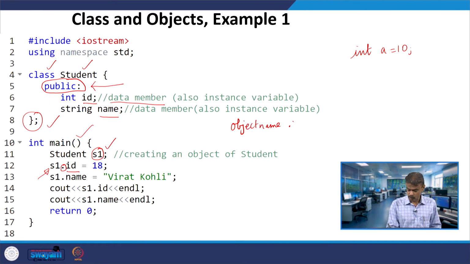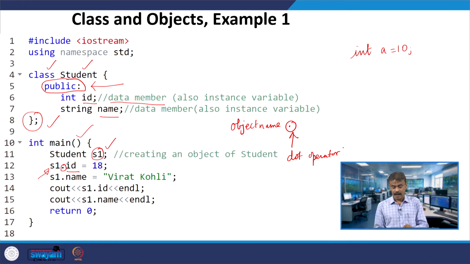and then we are using the dot operator. On the right hand side you have a member data or member function. For example, here a member data; right now we are not using any member function in this code. The member data is id, so I call it a data member.